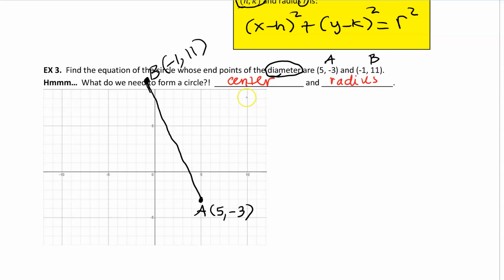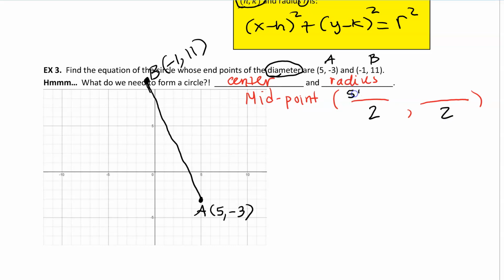And when I say somewhere in between, I am talking about the midpoint between A and B. The midpoint is the point in the middle. So it's the average of the x, the average of the y. And how do we find average? Add and divide by however many. How many do we have here? 2 points. So add and divide by 2.